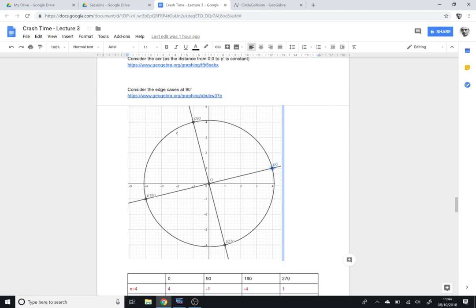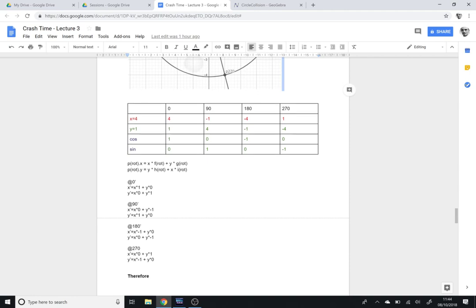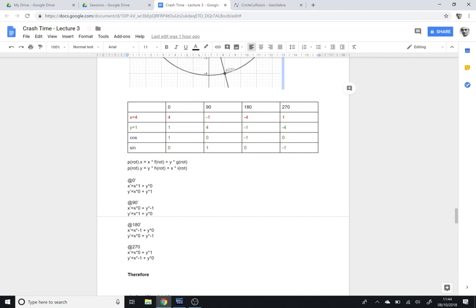So let's just have a look. What I've done here is I've just plotted it all out. I've got my x value, which is 4, and where it is at 0, 90, 180 and 270. I've got my y value, which is 1, and its value at 0, 90, 180 and 270. I have my cosine value: at 0 it's 1, at 90 it's 0, at 180 it's -1, and at 270 it's 0.